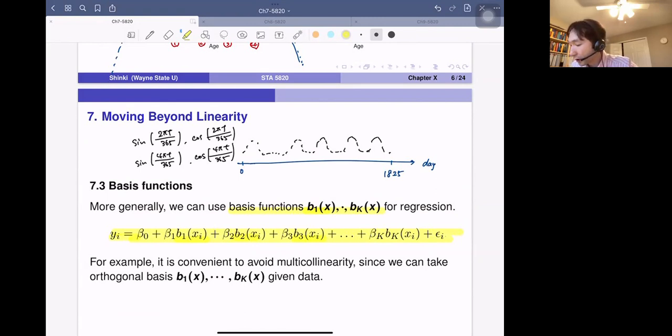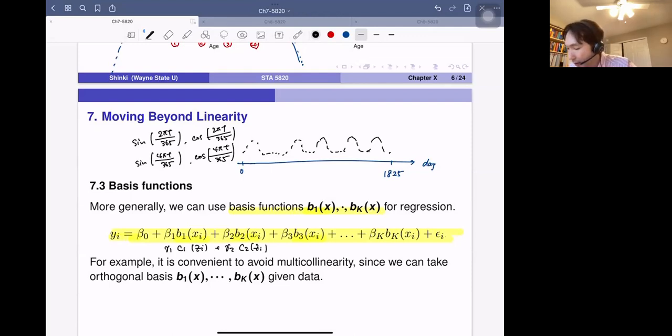Of course, if you have multiple variables, then you can set a basis function for each variable. So that is possible. If we have another variable z, then we can put gamma 1 times c1 times zi, and gamma 2 times c2 times zi, and so on.